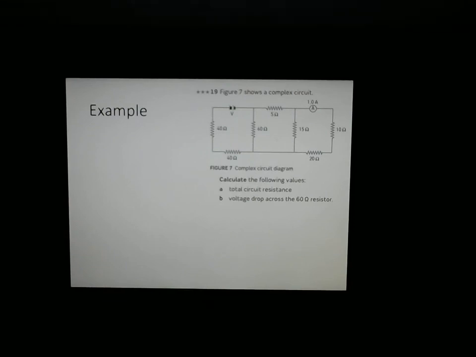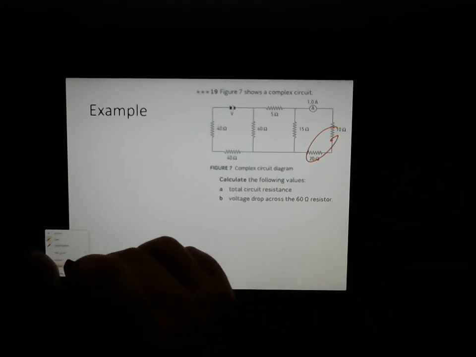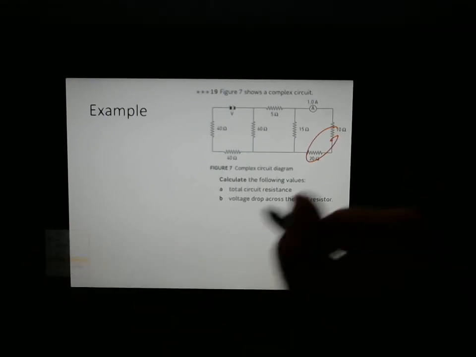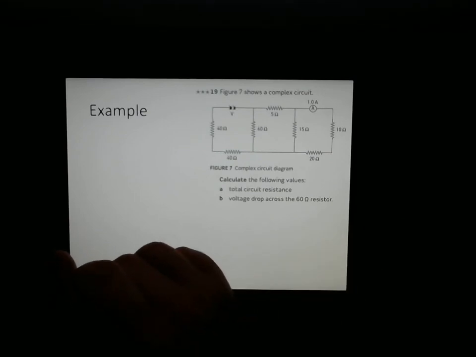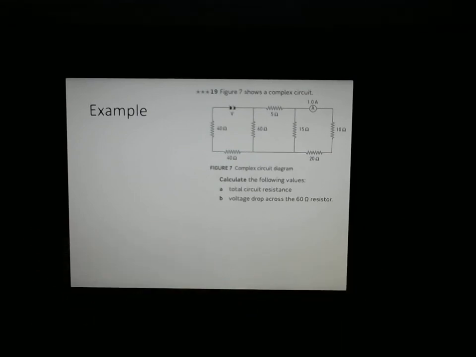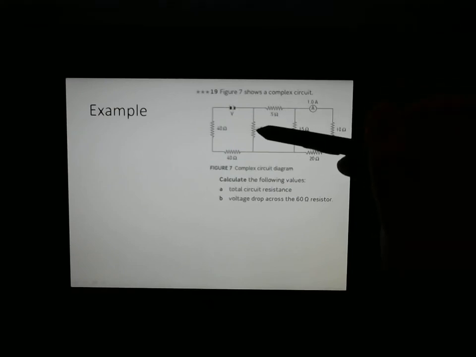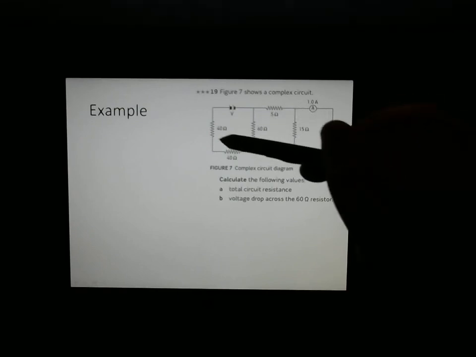So these 2 bits are in parallel with each other, or this bit is in parallel with these 2 bits, and that's going to be really important in a second, because we're going to need to work out the equivalent resistances. So these 2 in series are parallel with this, then this chunk here is in series with this, then all this chunk here is in parallel with this, and then this big chunk here is in series with these 2.